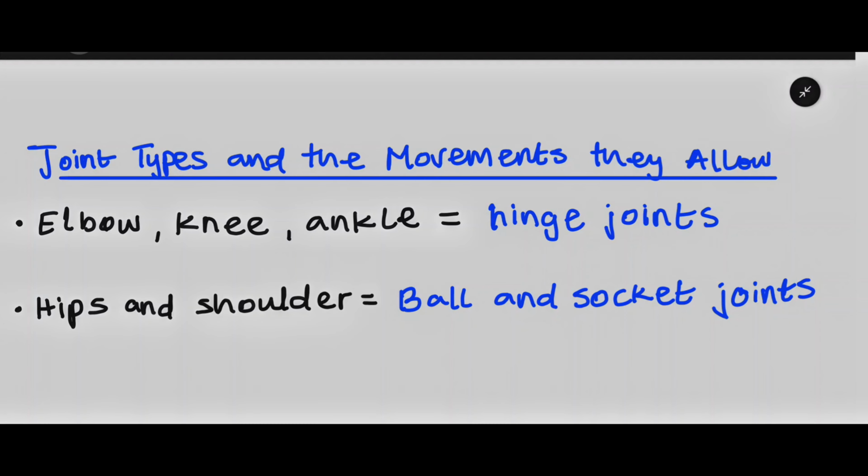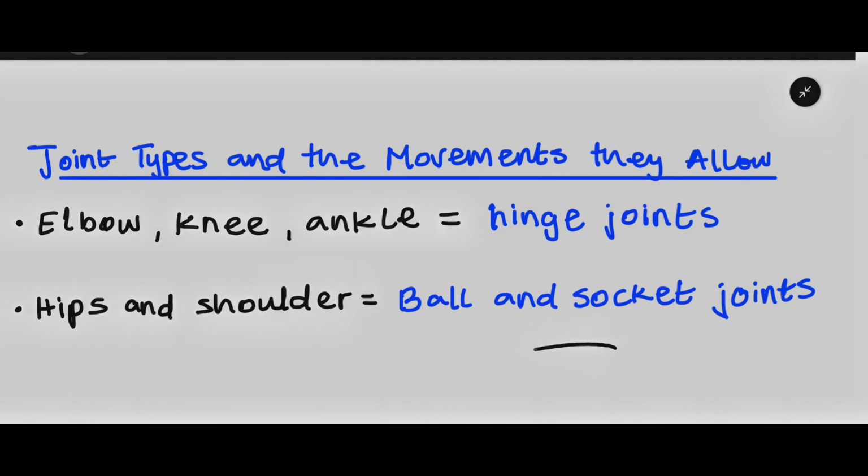And these are the 2 types of joints you need to know and where they are found. So hinge joints are found at the elbow, knee, and ankle. And hinge joints, basically think of a door hinge. They just move back and forth. They open and close, they flex and they extend. And ball and socket joints are found at the hips and the shoulder, it sort of looks like this.